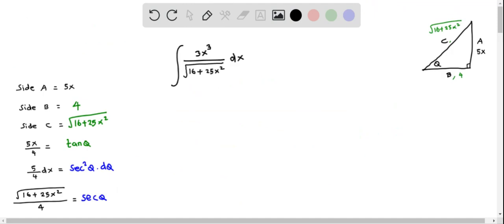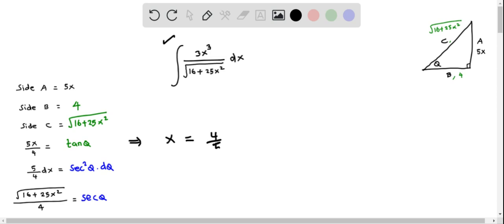We now rewrite this given integral in terms of the trigonometric ratios, which we found using this triangle. For that, I'm going to rewrite this expression, that is 5 fourths of x. From this, I'm going to solve for x. So x equals, I multiply both sides by 4 fifths.